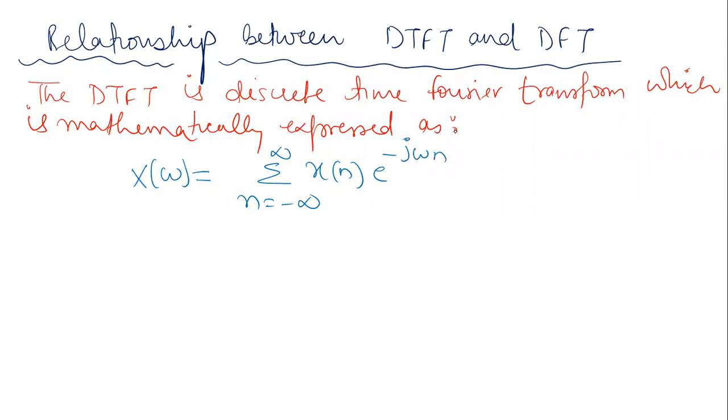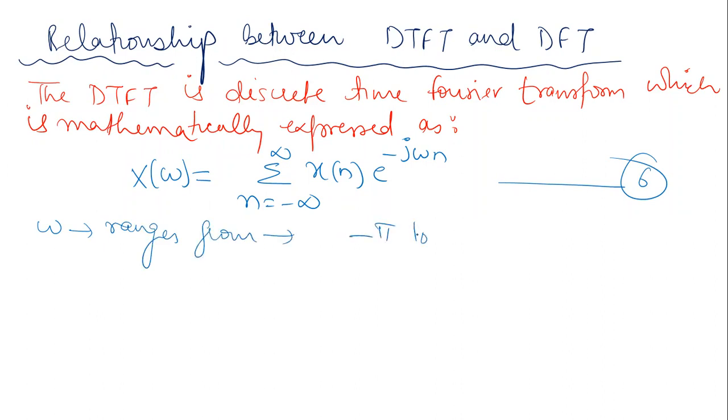So this is equation number 6. Okay. So omega ranges from minus pi to pi or 0 to 2 pi. So that means it would be 2 pi anyhow, right? One cycle, 360 degrees.